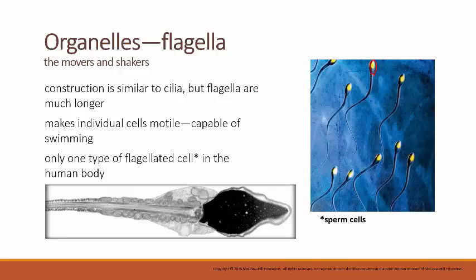So here's the head, there's a little mid-piece behind the head, and then the rest of this is a flagellum. It allows a sperm cell to swim through a watery medium, a mucousy, watery medium. Like I say, it's constructed similar to a cilium, but much, much longer.